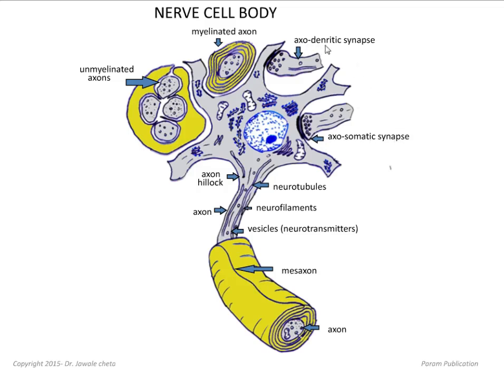Here axodendritic synapses are joined with this main cyton body of the nerve cell. In this gap you can see an axon of another neuron passing, surrounded with a myelin sheath. In this case, there are axons, but they are surrounded with an unmyelinated sheath.